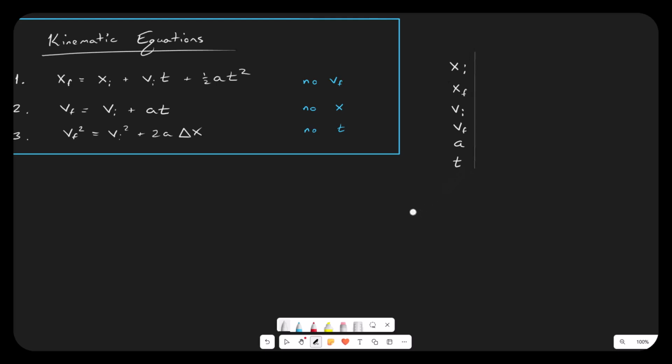I will, for a given problem, fill in which variables I know, which ones I don't know, and which ones it is that I'm actually going to solve for. Then, after I make that table, I write out my kinematic equation. So this setup right here, this is what the beginning of problems looks like for me.